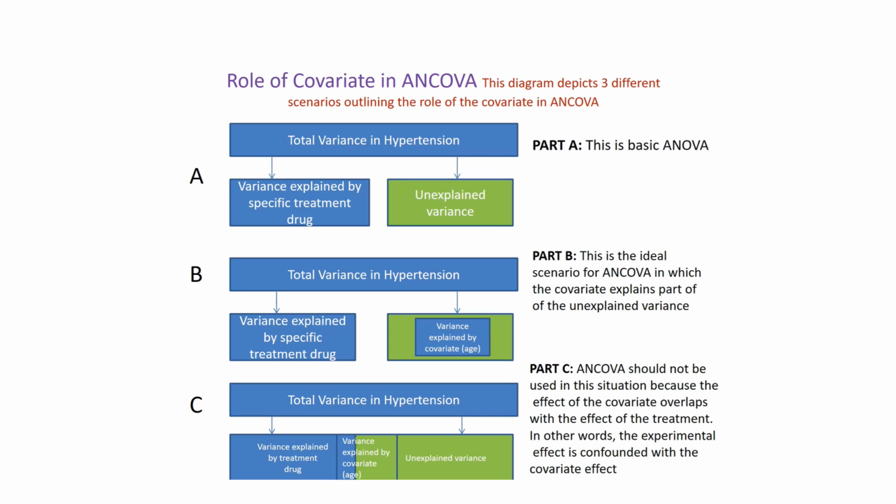Then part B, which is the ANCOVA, is the ideal scenario for ANCOVA, because there is variance explained by the specific treatment drug like in ANOVA. And for the unexplained variance, we can rule out some of the covariates that explain part of it.